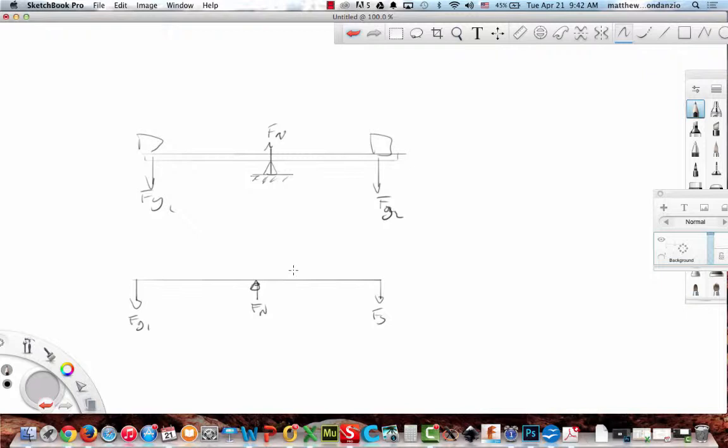So the torques are all balancing out. If I were to close my eyes, I couldn't tell whether I'm holding the ruler like this or like this. It's the same weight.